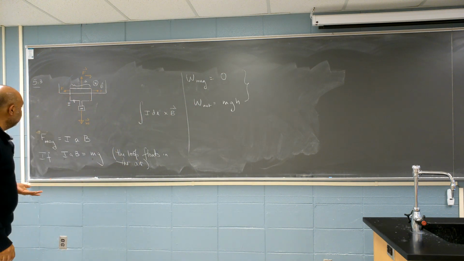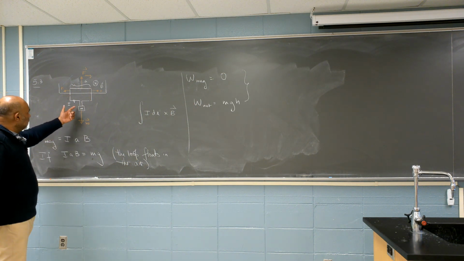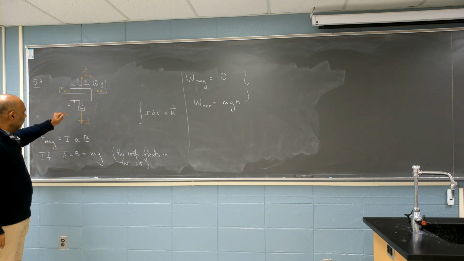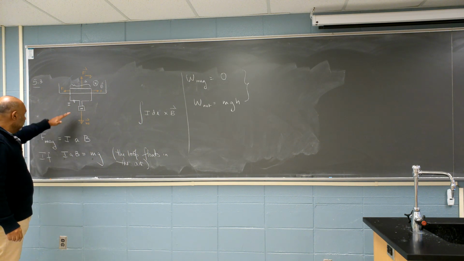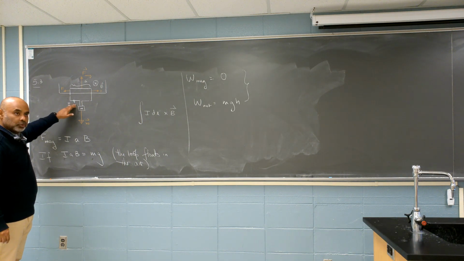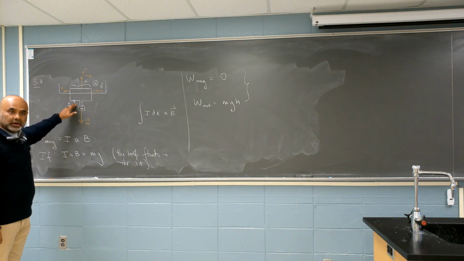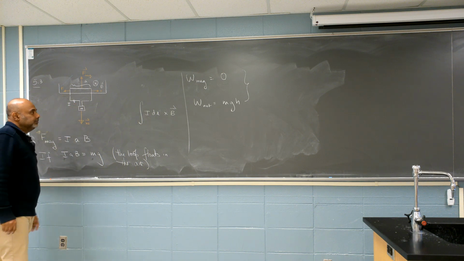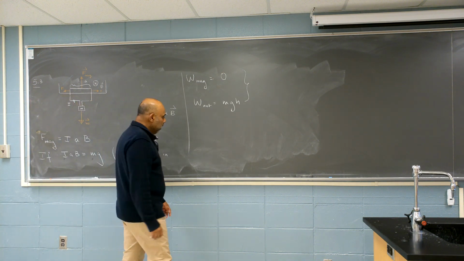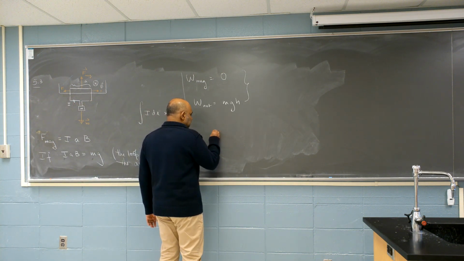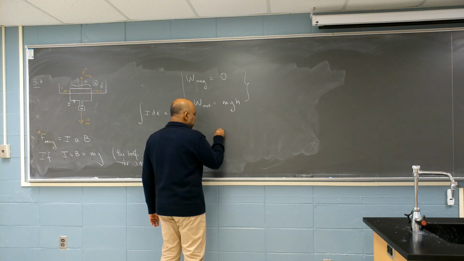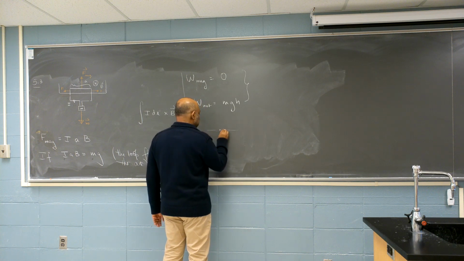The answer is very simple. When you dial up the current, the current is larger, but the battery has to work harder to sustain the current. So consider any point in the loop at a given time.